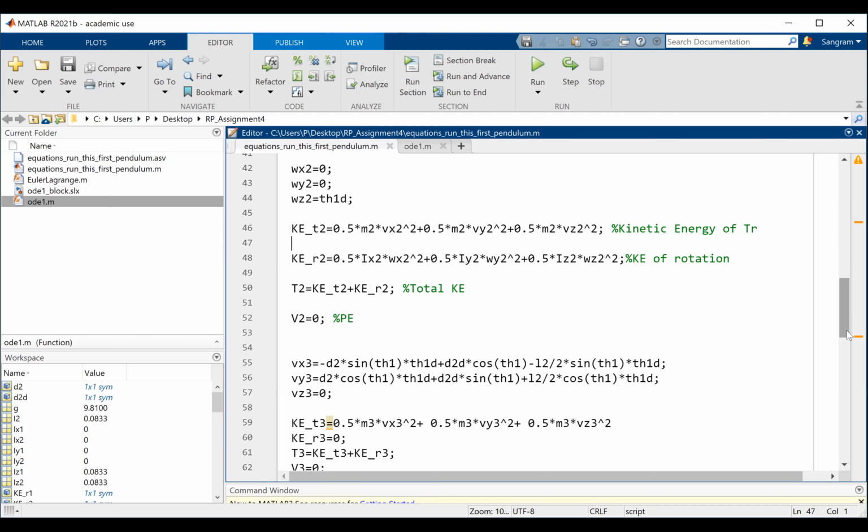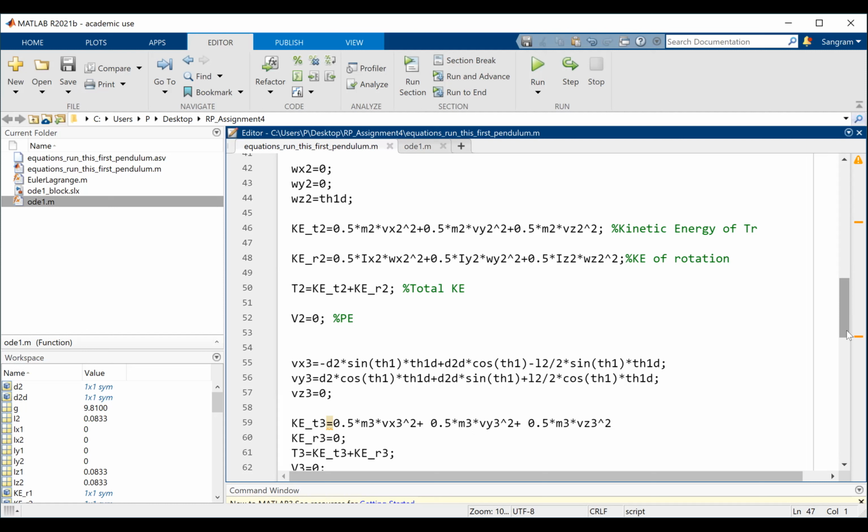Now, what we need to do is go to mass 3. In mass 3, I kind of took the shortcut. So I just wrote Vx3, which is the equation I have derived over there: d2 sine theta 1 dot, d2 dot cosine theta 1 minus L2 by 2 sine theta 1 dot.